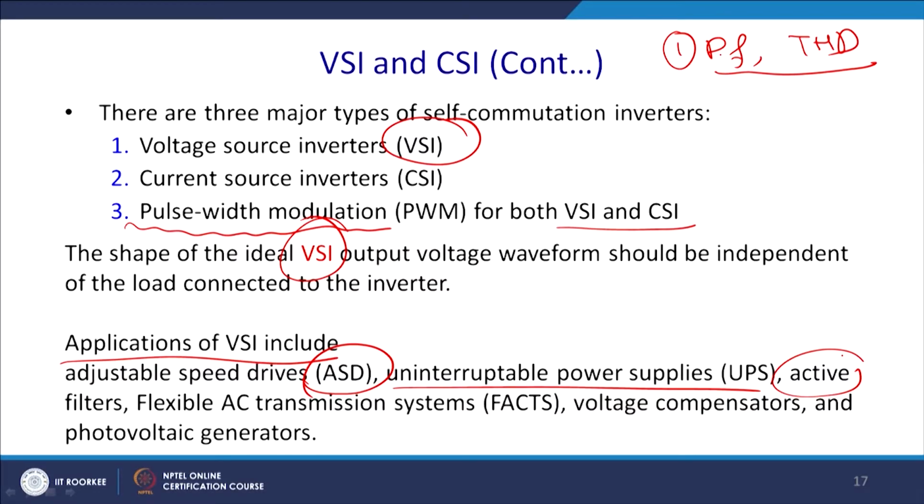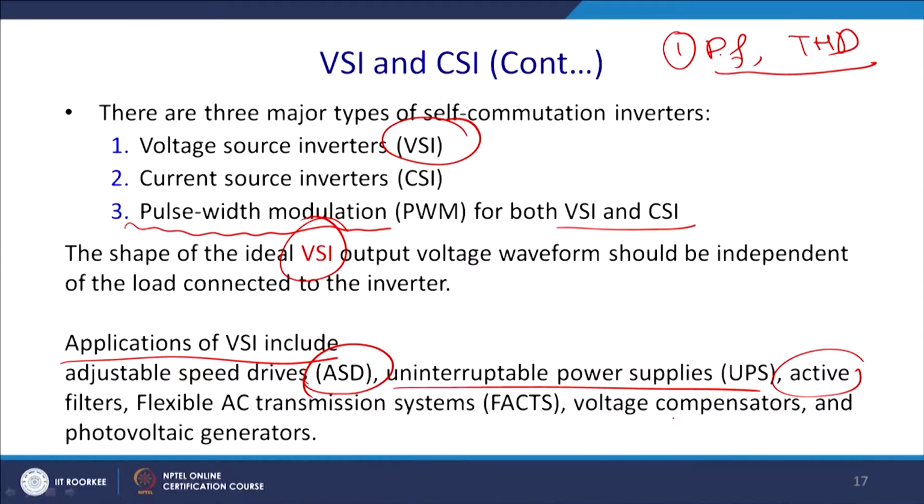Active filter is essentially a solution provided by power electronics to this problem, where you actively mitigate the harmonics and improve the power factor, that is called an active rectifier. And thereafter we have the flexible AC transmission system, that is FACTS.